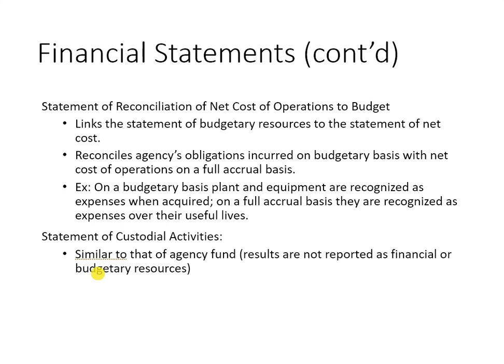Because these custodial activities or these funds are not reported as financial or budgetary resources for the Department of State. Okay, they just manage these accounts for somebody else. So the statement of custodial activities reports those things.